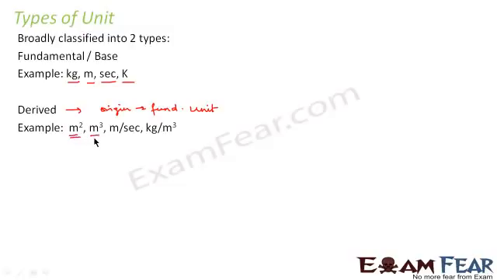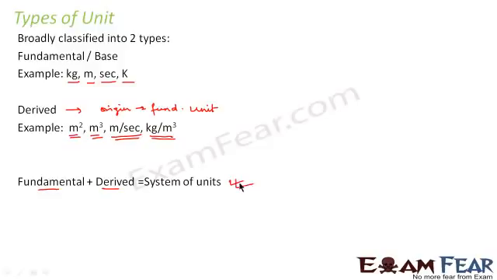Similarly, the unit for volume, that is meter cube, unit for velocity, meter per second, or the unit for density, that is kg per meter cube. They are all derived from the basic units, that is kg, meter and second. Now, these fundamental units plus the derived units together are known as the system of units.